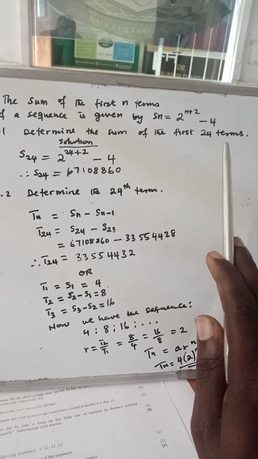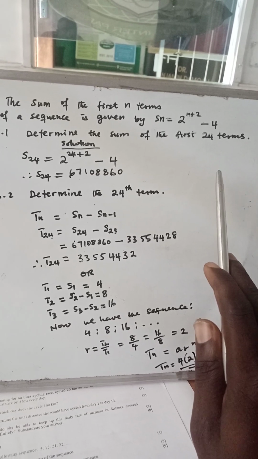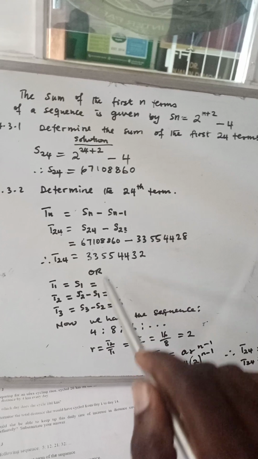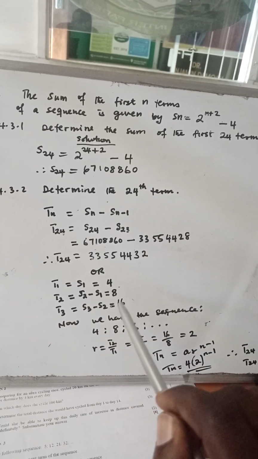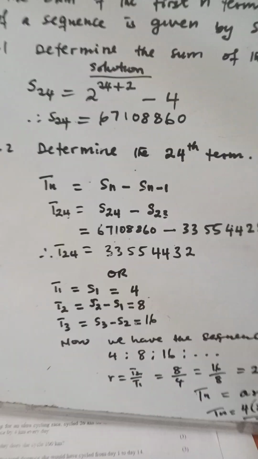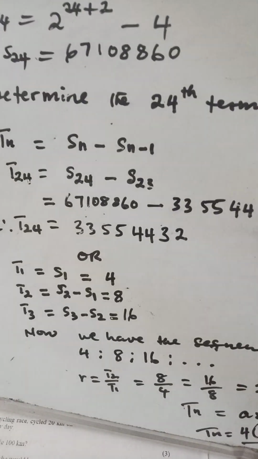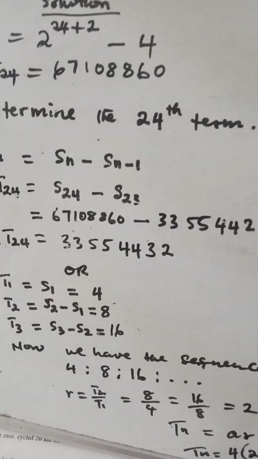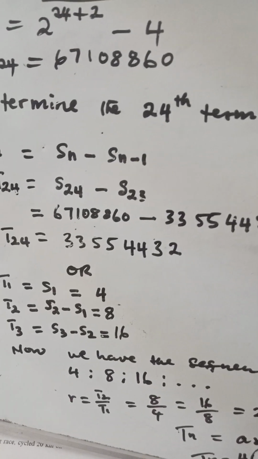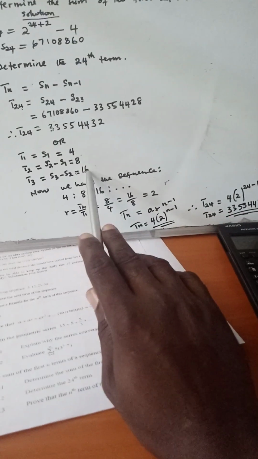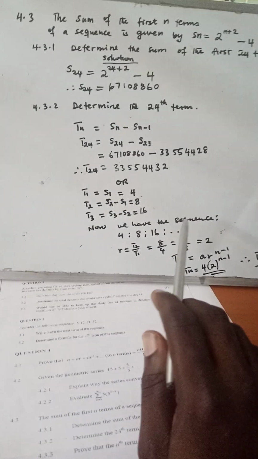My S3 is 28, and so 28 minus S2, which was 12, 28 minus 12 gives me 16. So my T3 is 16.